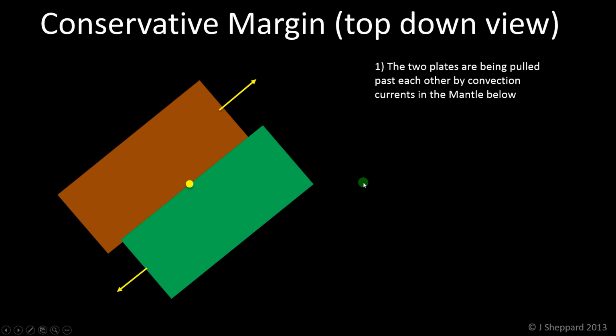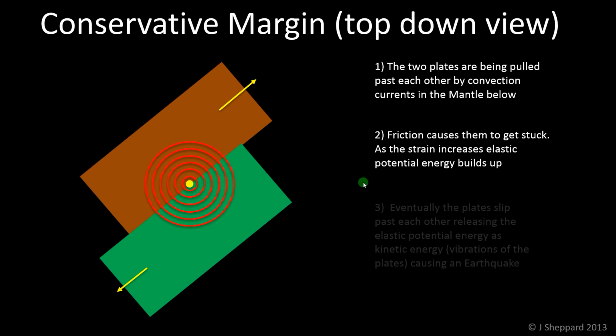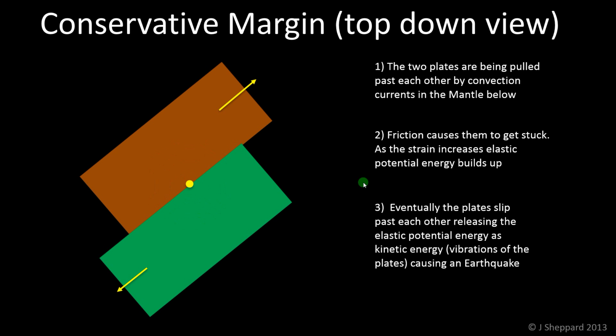But the convection currents in the mantle are still trying to drive them, and as the strain increases between these two plates, we get a build-up of elastic potential energy, just like you would if you were stretching an elastic band or a spring. And eventually, the plates can't take the strain, and they slip past each other like that, and move a significant distance.